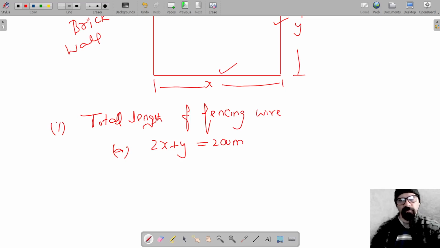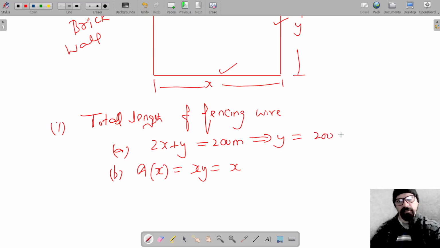Now we also have to write the area in terms of x. We know that the area is given by length into breadth, so area is equal to x into y. Now this is x and we can get y here: y is equal to 200 minus 2x.